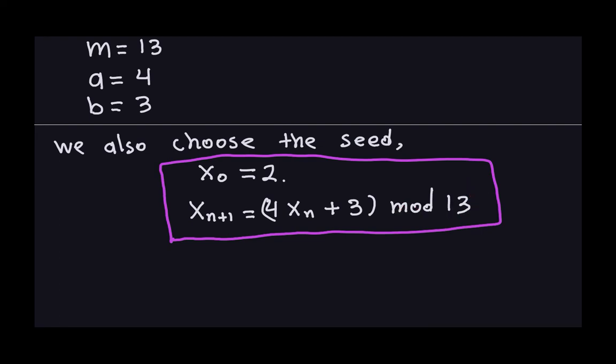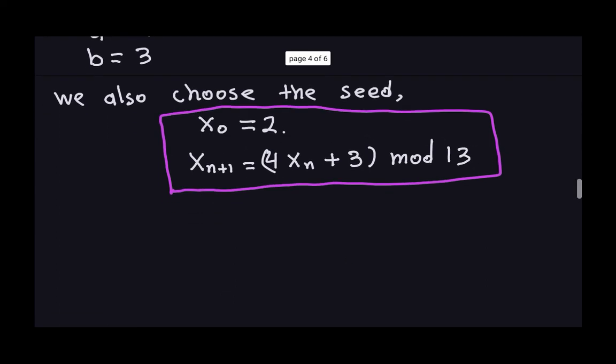So that's applying the formula with a, b, m, and x0 plugged into the recurrence. You make choices for the multiplier, the increment, and the modulus, and from there we start doing our computation. We already know where to start. That's the seed. That's why we need the seed, to know where to start.